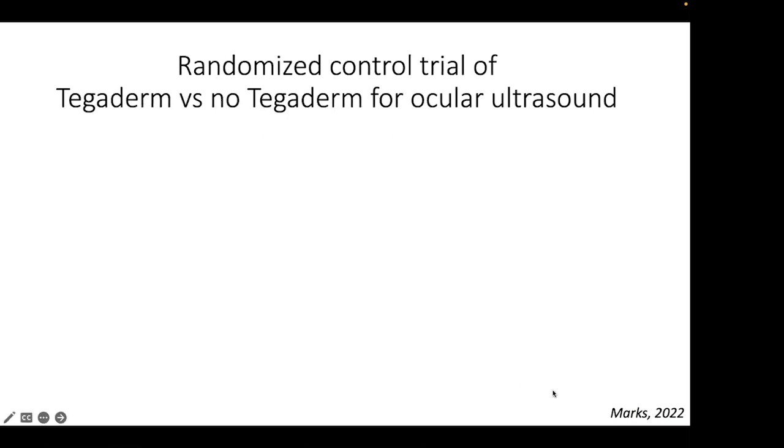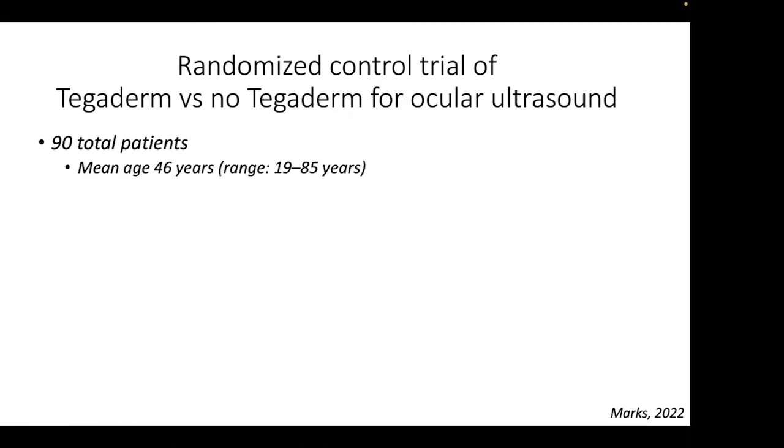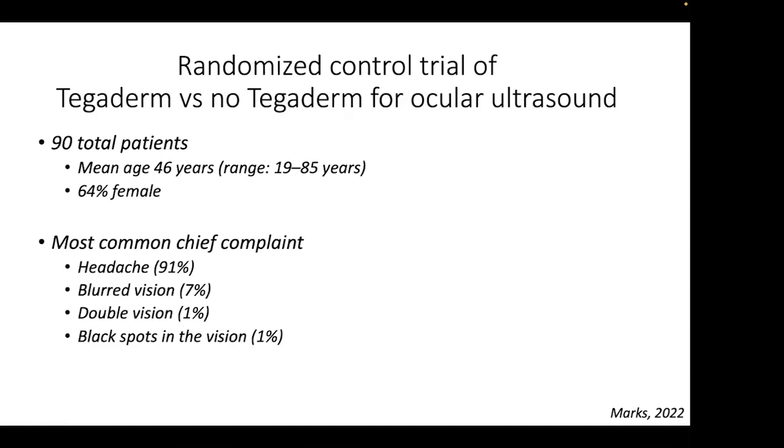As I said, in 2022 there was a randomized control trial which looked at use of Tegaderm versus no Tegaderm to complete ocular ultrasound. The study looked at a total of 90 patients. It was an adult study, so the mean age was 46 years, and 64% were female.